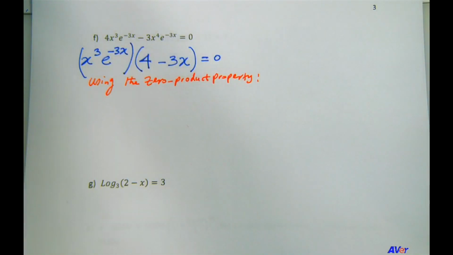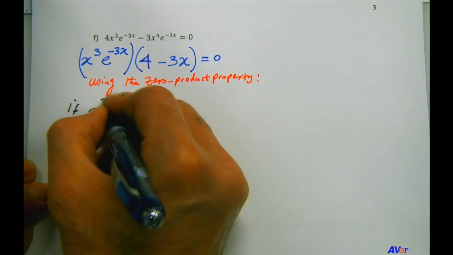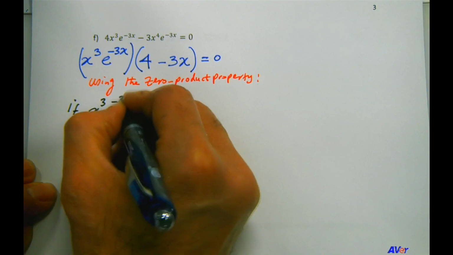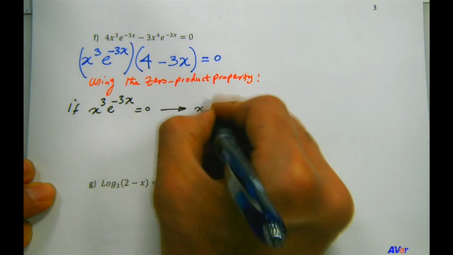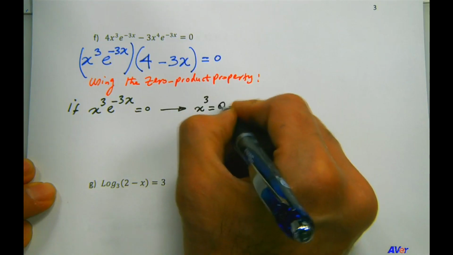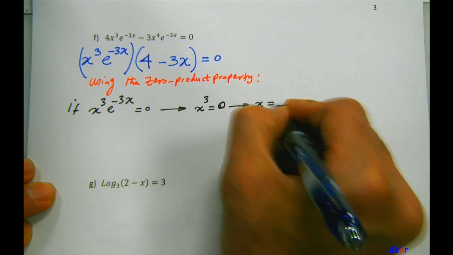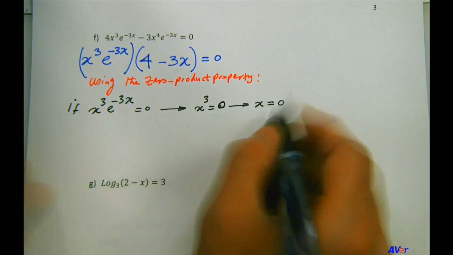So if x cubed e to minus 3x is equal to 0, then x cubed must be equal to 0, which means x must be equal to 0. Okay, that's one solution of x.